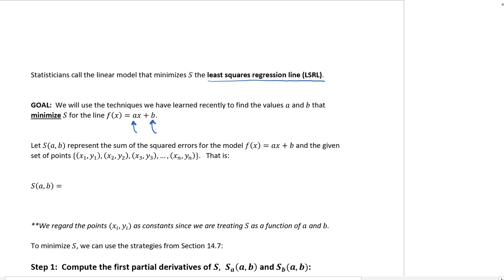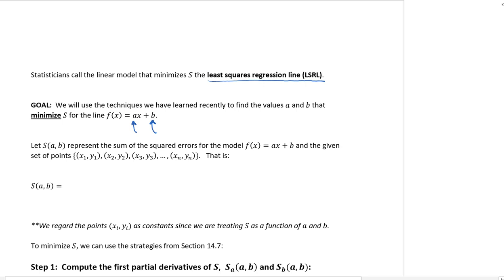So aka we need its slope and its y-intercept that is going to minimize our residual squares summed together. Because if we can get that to be as small as possible, that means the error is as small as possible, so the data model will fit as close as possible.